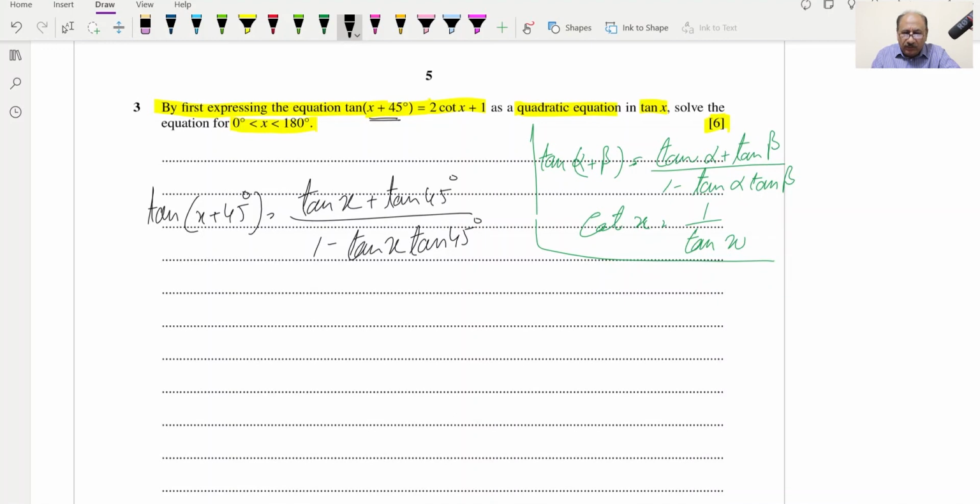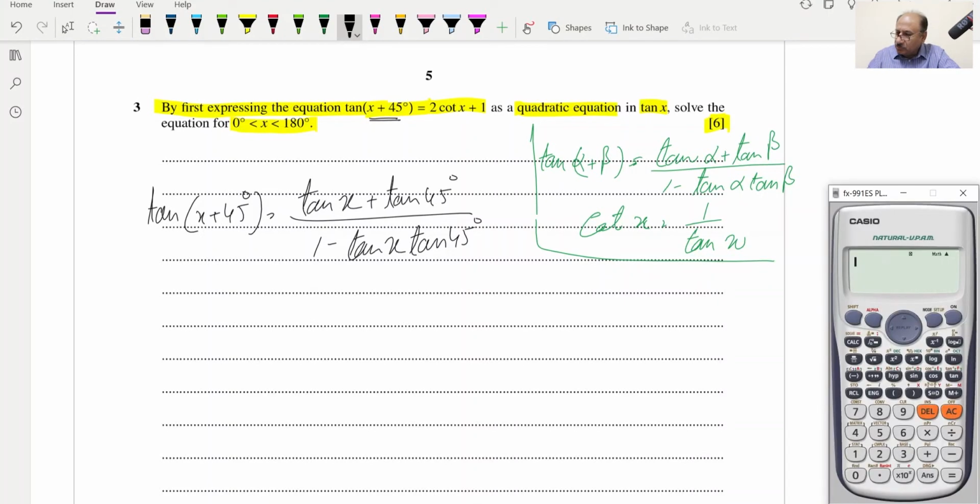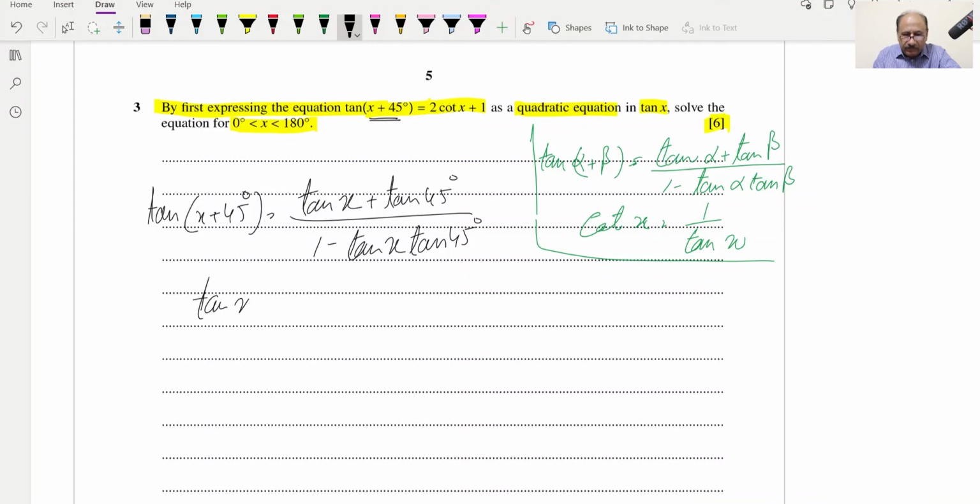Now tan of 45 degrees is 1, so we can replace these values. So (tan x plus 1) over (1 minus tan x).